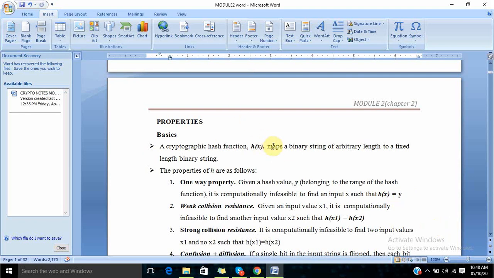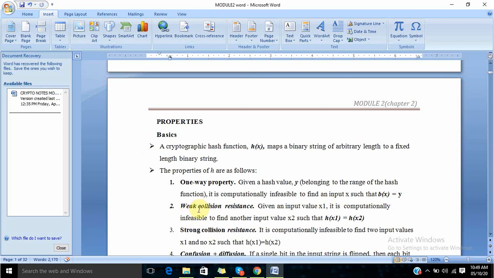On this same principle, your first property works, which is the one-way property. You apply a hash function on some x to get y. That is the one-way property: h of x equals y. Here, instead of x, they have taken b as an example, that's all.